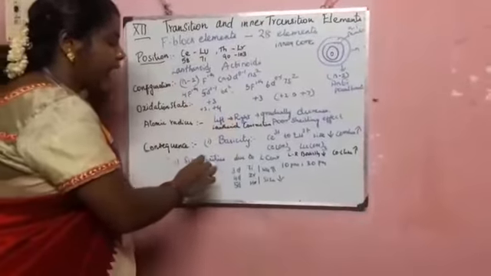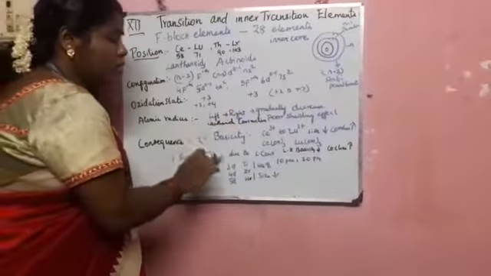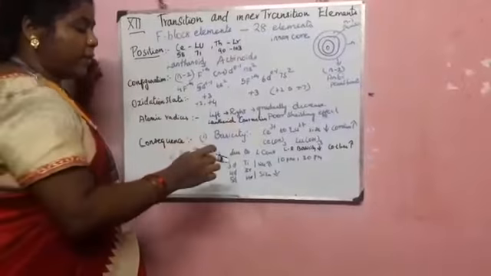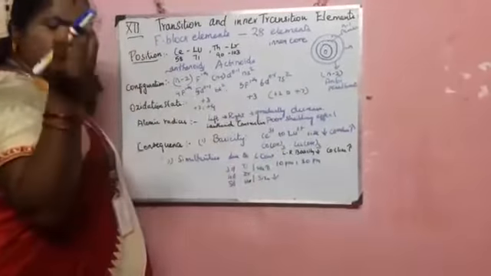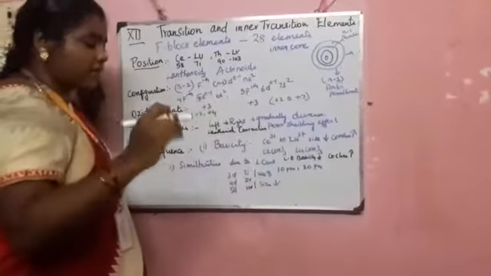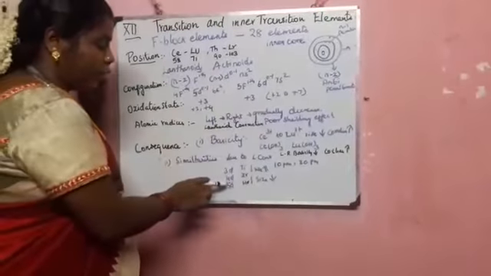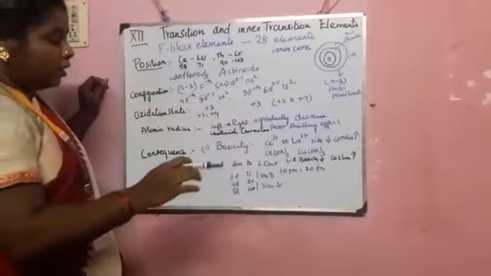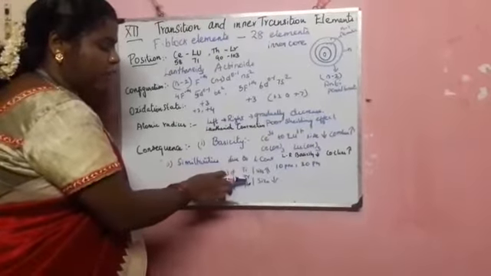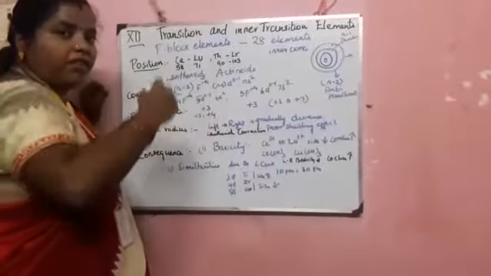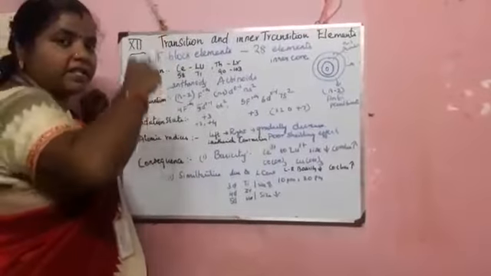And next one, similarities. So due to the lanthanide contraction, it will have a 10 picometer to 20 picometer, that means a very small size difference. When you see the 3D, 4D and 5D series, between the 3D and the 4D series, from titanium to zirconium, there is a lot of size difference. The size difference is large.